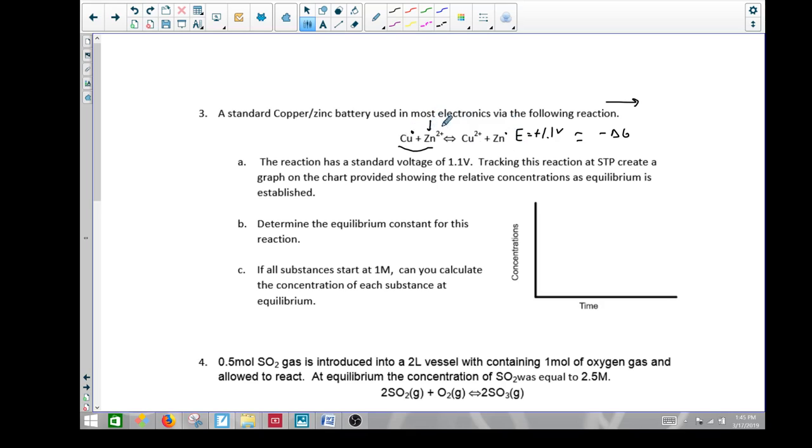So this concentration is going down, this concentration is going up. If we're starting at STP, and they're both at 1 molar, the zinc would just be dropping to a certain level, assuming equilibrium is established right here, and this guy would just be mirroring that. Equilibrium established at this point here.